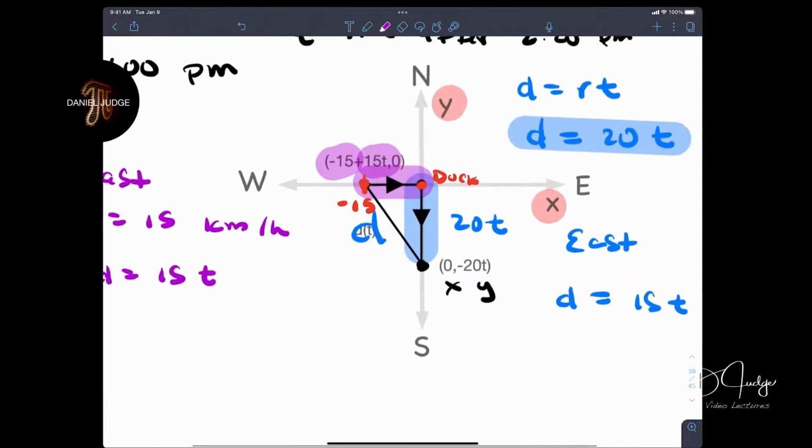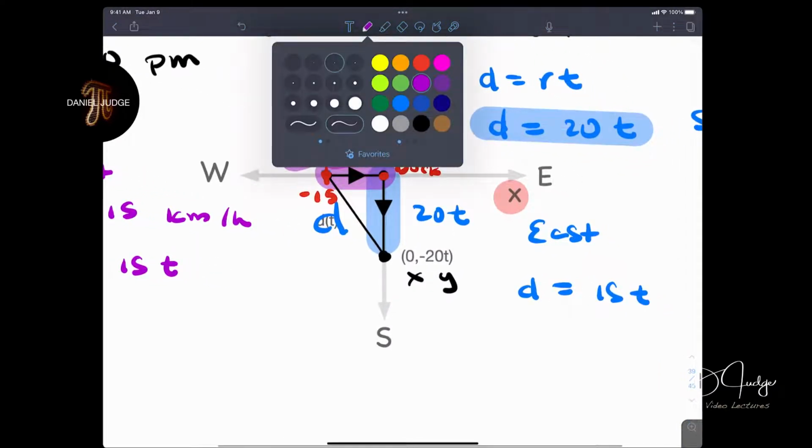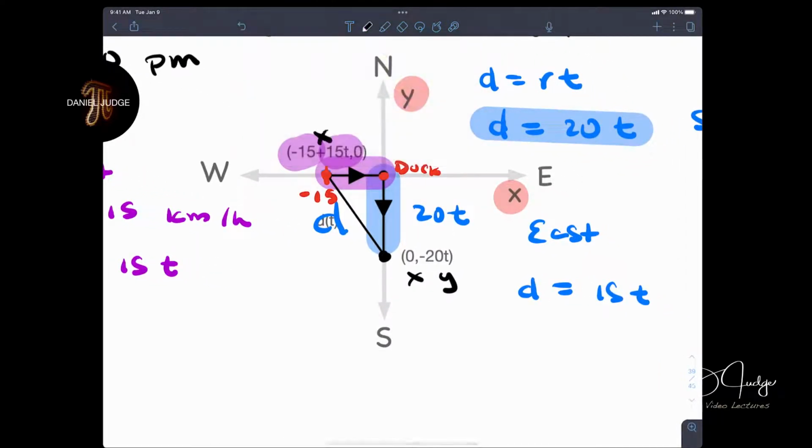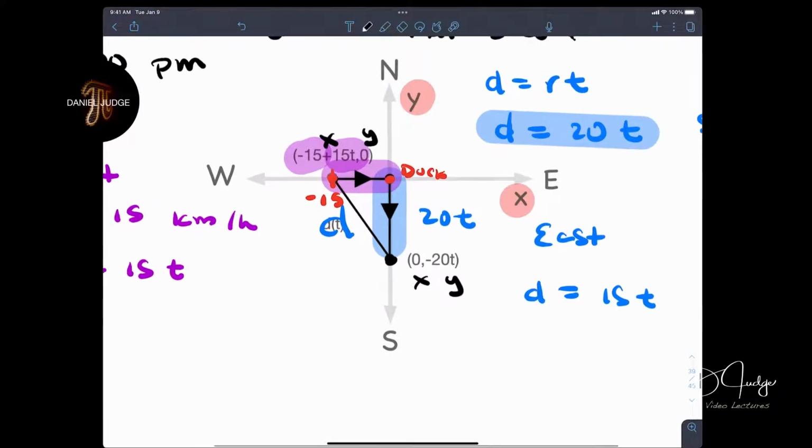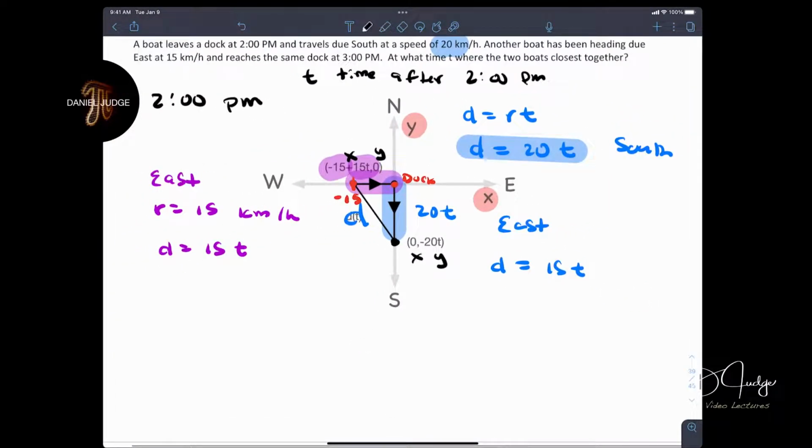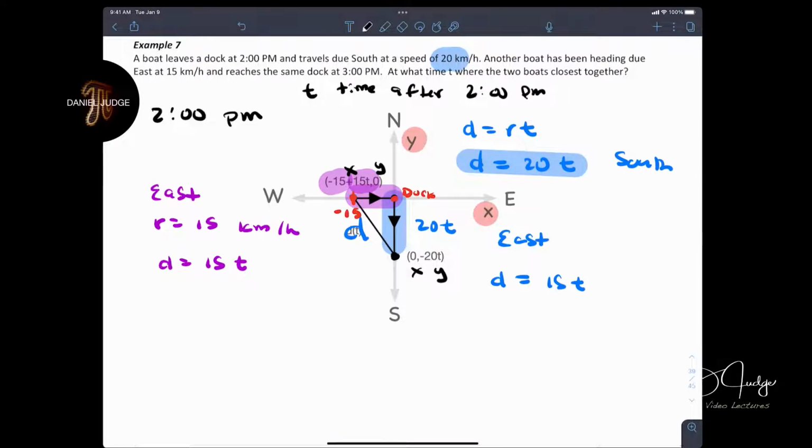So this is the location now in terms of an x and y coordinate. It's the location of that starting point for the second boat. And we're working with the x and y coordinates of this.